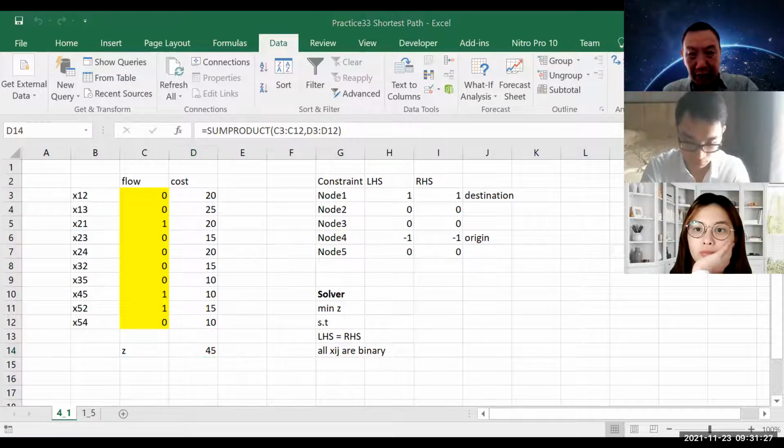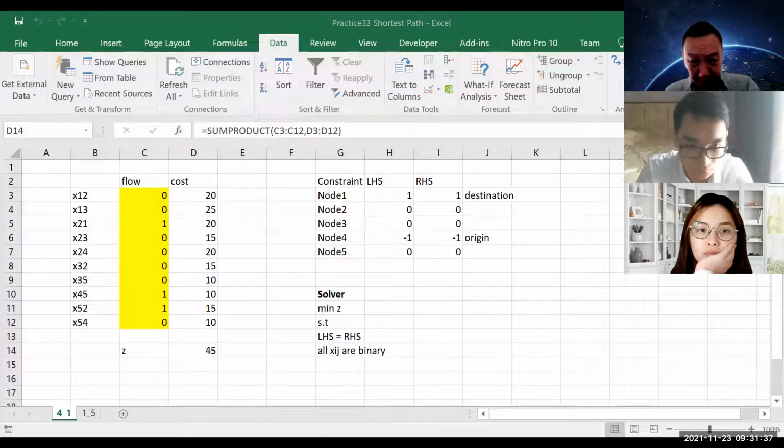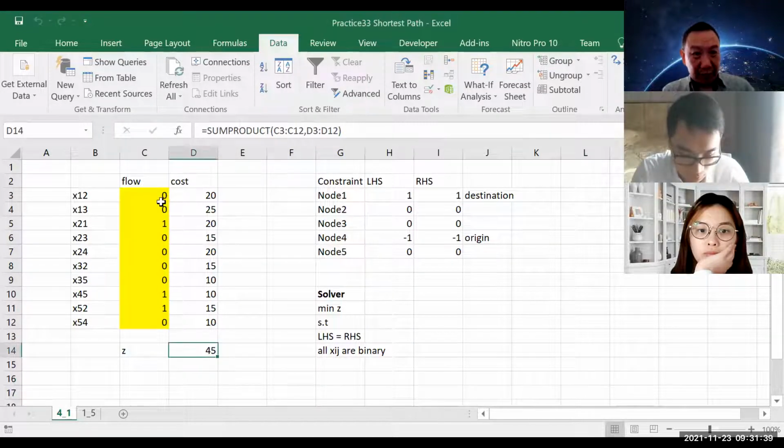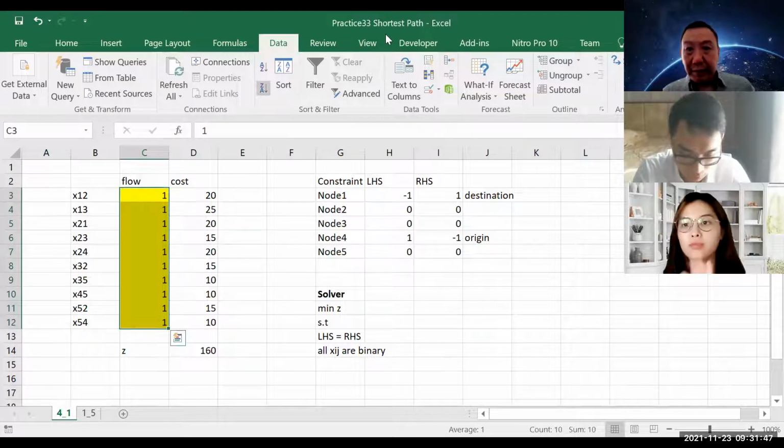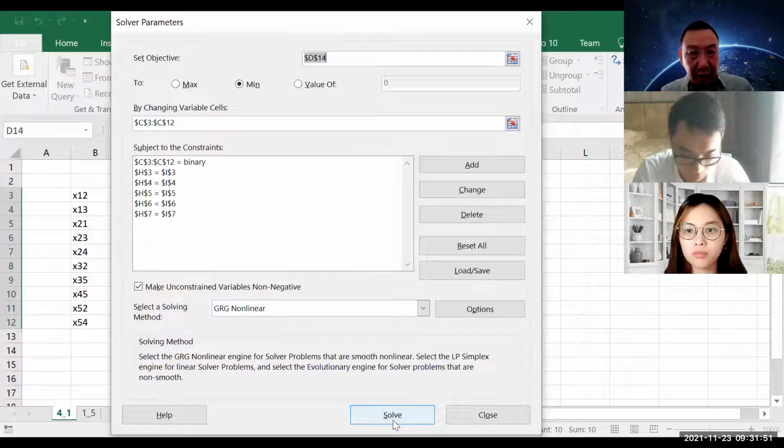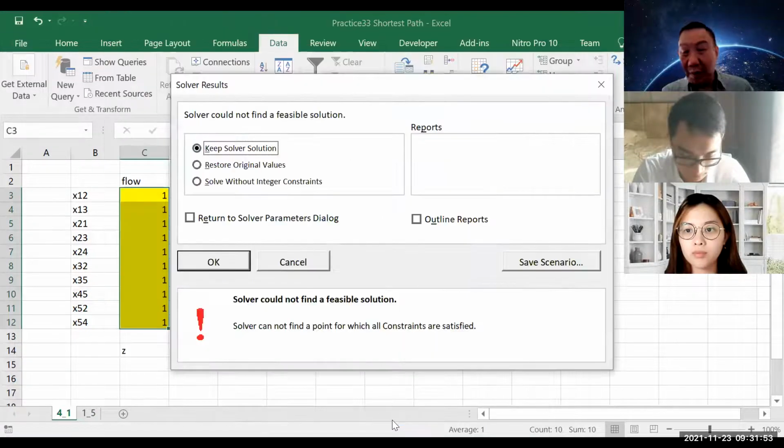The next one is telling what will happen if you change the initial value of the flow to 1. For example, if I put all the flow to 1 as the initial value instead of 0, then you see we have a trouble. Can you see that?